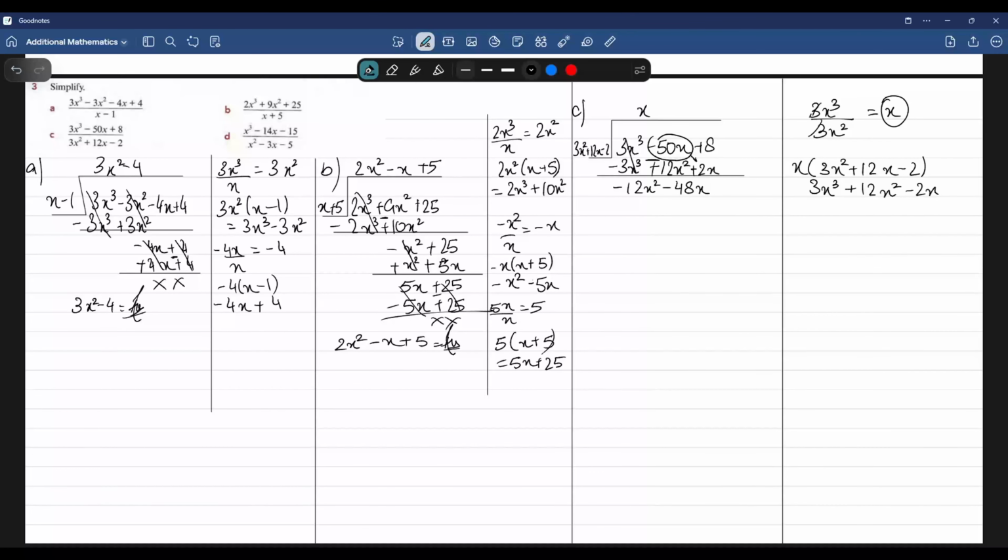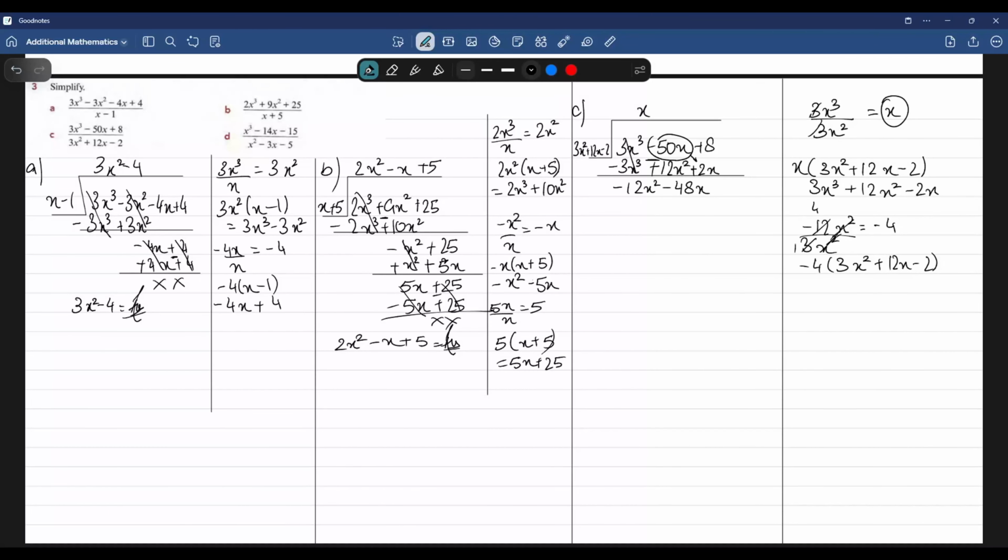So now what we're going to do is negative 12x squared divided by 3x squared, in fact. x squared and x squared cancel down. 3 ones are 3, 3 fours are 12. So this is going to give us negative 4. The negative 4 is now multiplying with 3x squared plus 12x minus 2.